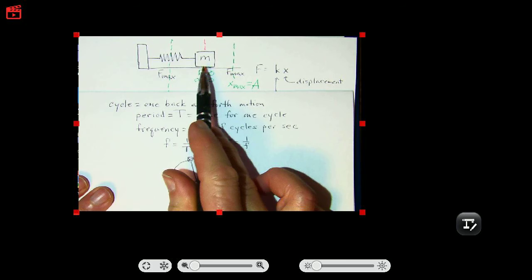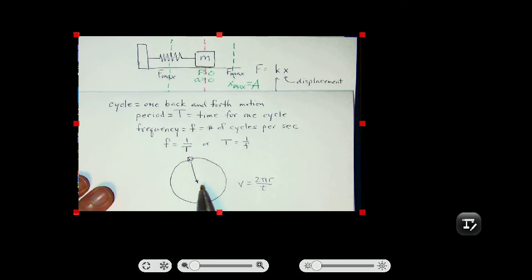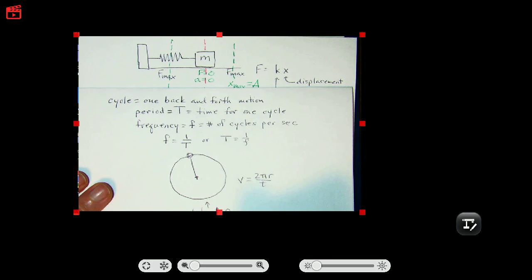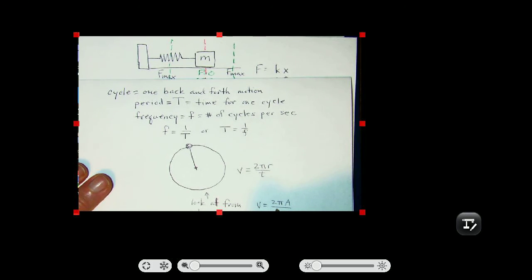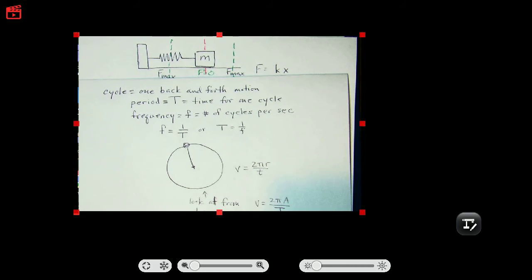Well, if I'm comparing it to this, that farthest distance, the distance from here, is A. So then our velocity is 2 pi times the amplitude, divided by the time it takes to go around once. Well, that's the period. It's a time, but it's that time for one complete cycle.